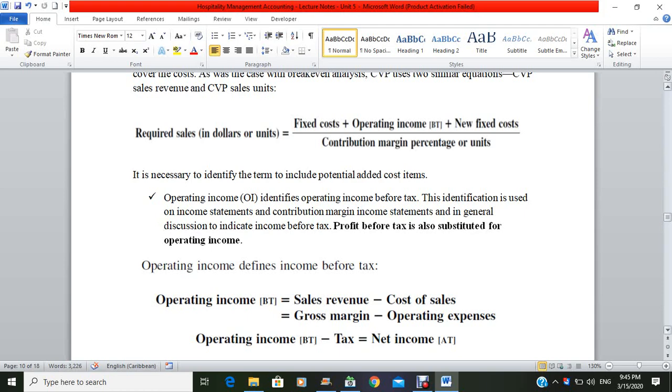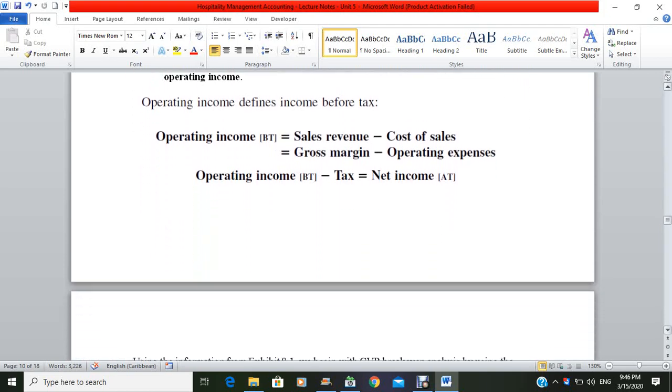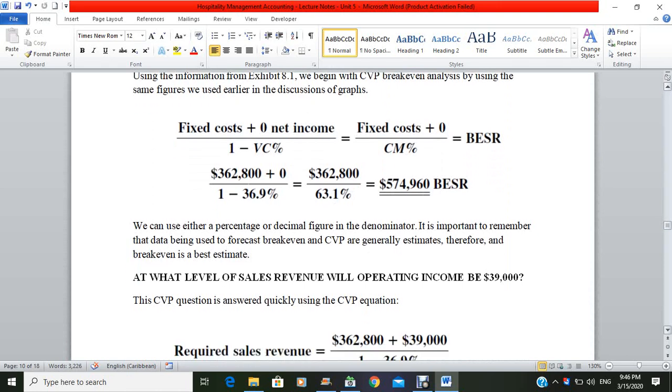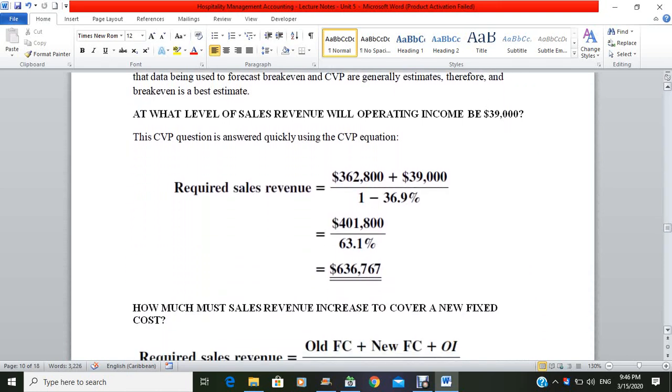Remember, in this example, we have fixed cost and we have operating income, but we don't have any new fixed costs. Please watch carefully as I go through. Now, in this case, the required sales revenue equals 92,800 plus operating income, which is 39,000, divided by 1 minus 36.9%, which is the contribution margin percentage.